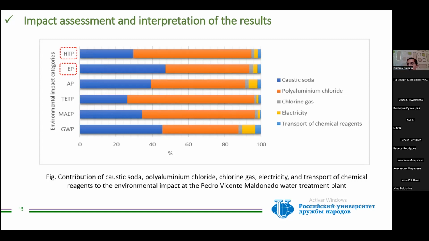According to the results of the figure, at the water treatment plant located in Pedro Vicente Maldonado Canton, approximately 94% of the total amount of human toxicity potential and eutrophication potential is formed from polyaluminum chloride or PAC and caustic soda. About 93% of the total amount of acidification potential is accounted for by the coagulation flocculation process.